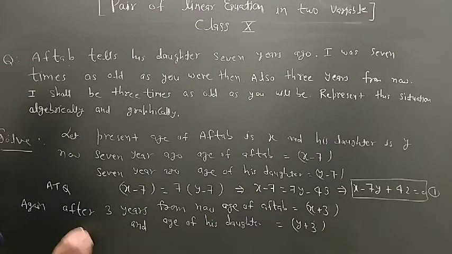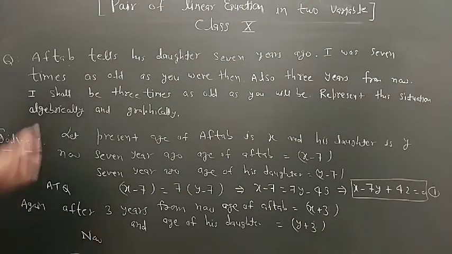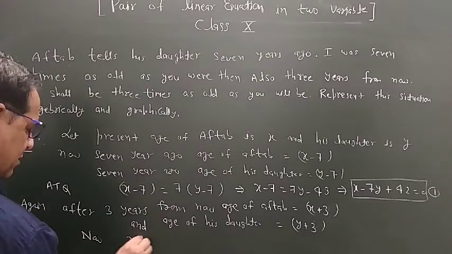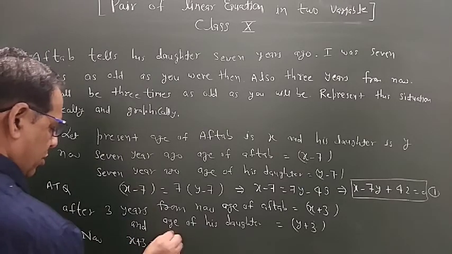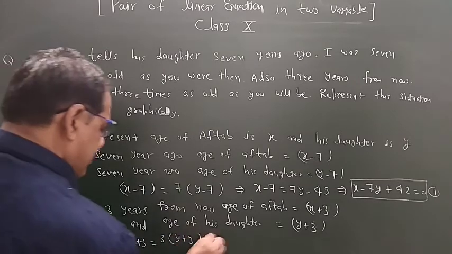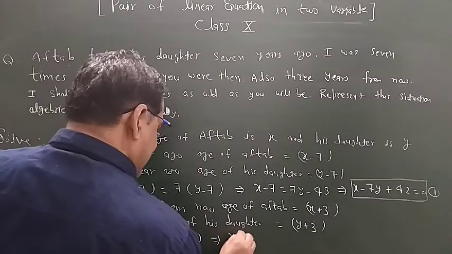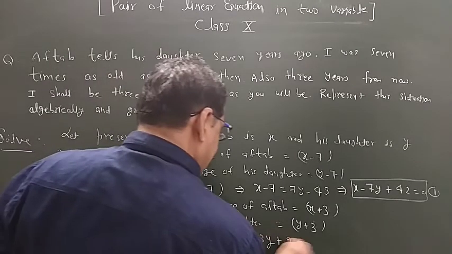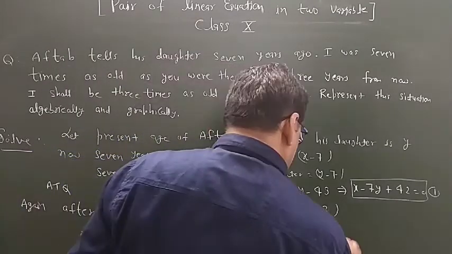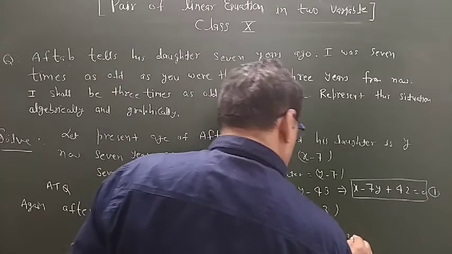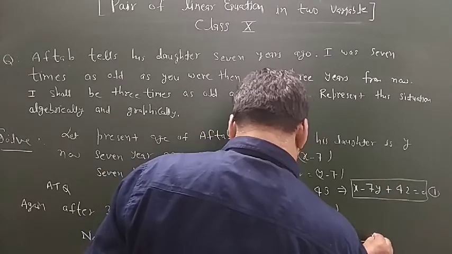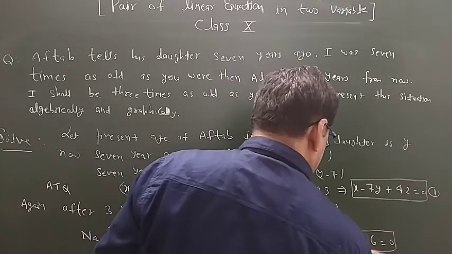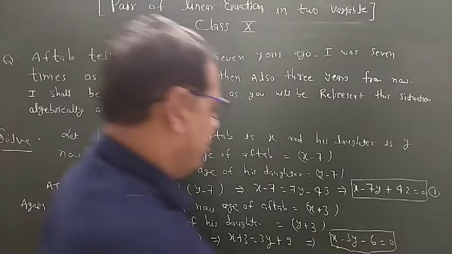Now, I shall be 3 times as old as you. So now x plus 3 is equal to 3 times y plus 3. This can be written as x plus 3 equal to 3y plus 9. This can be arranged as x minus 3y minus 6 equal to 0. This is the second equation.